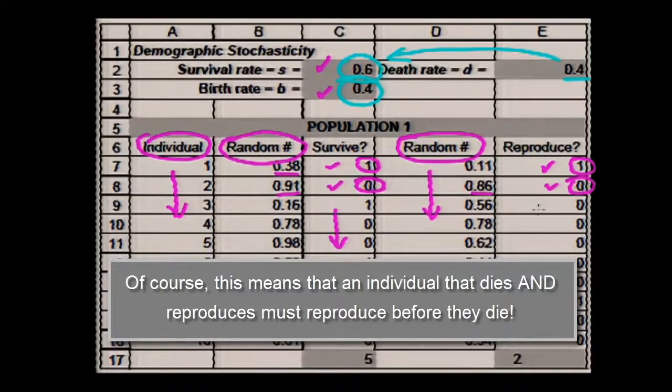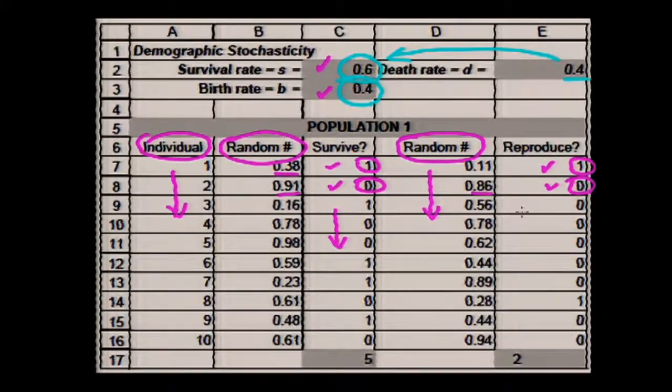So what do you notice about the results? If you look at the results here, we had a total of 5 survivors, and we had 2 that were born. Think back to how we worked with population, survival rate, and birth rate on the population as a whole. When we applied those numbers to the population as a whole, we found that the population of 10 pandas didn't change, right?